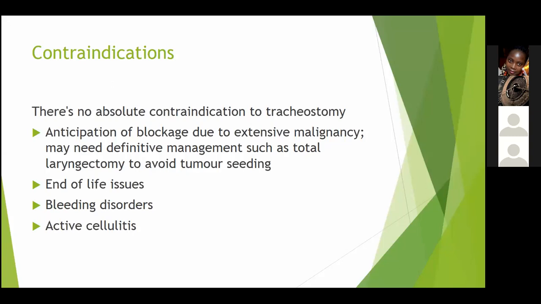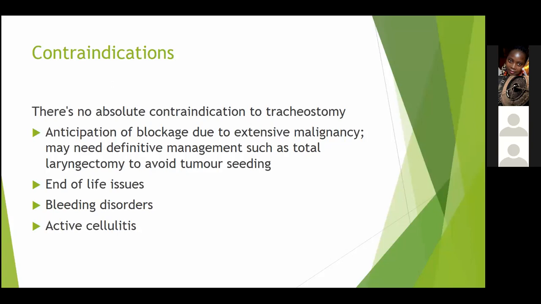The other case is where we have bleeding disorders. For example, you have platelet abnormalities, or other inherited bleeding disorders. You need to be aware and prepare yourself. If you're not well prepared, then you'd rather not do the procedure, because we know the neck has a lot of blood vessels.